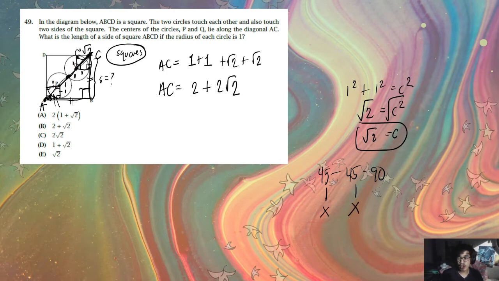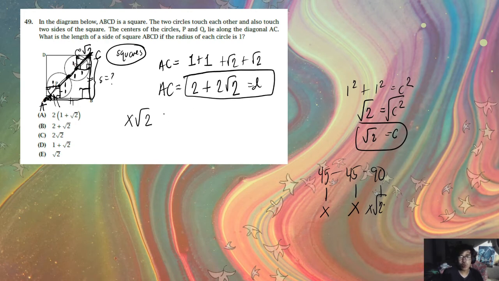Okay, and our hypotenuse could be square root of 2 times x. Okay, so therefore if our hypotenuse is equal to x square root of 2, and we know that our diagonal is equal to 2 plus 2 square root of 2, that's going to give us this formula.